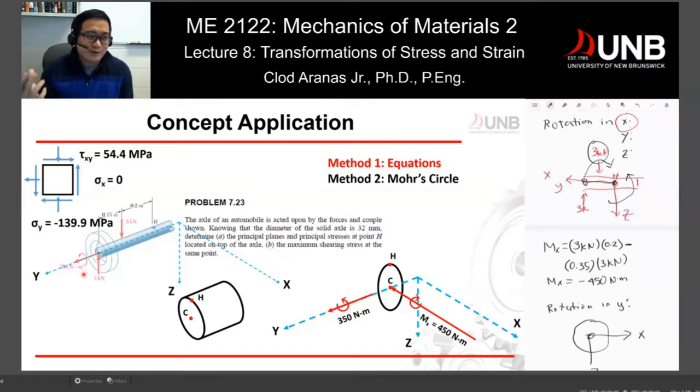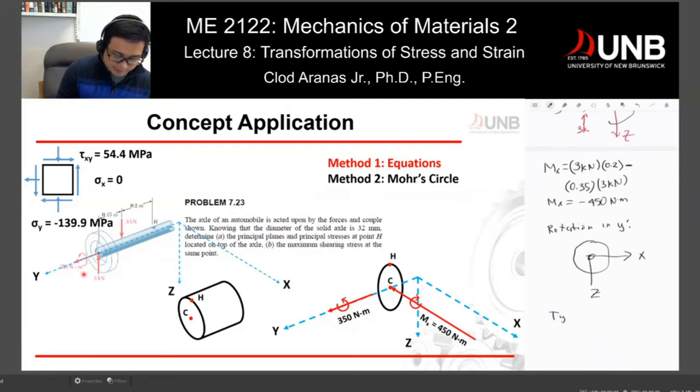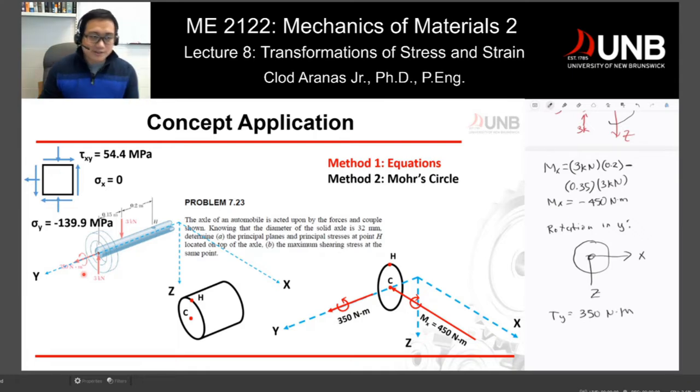So that's straightforward. There's a torque or there's a rotation in y. So you know that your torque, which is along y, and that's already given, is 350 Newton meter. Now, the question here is, does your two forces provide a rotation along y?